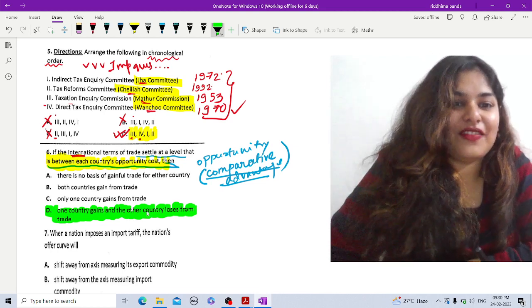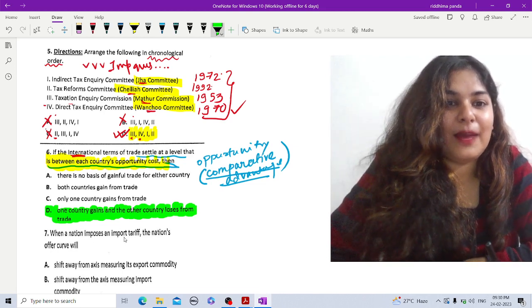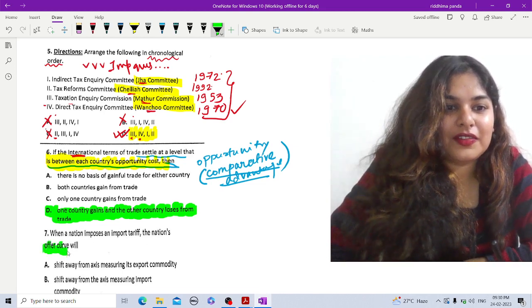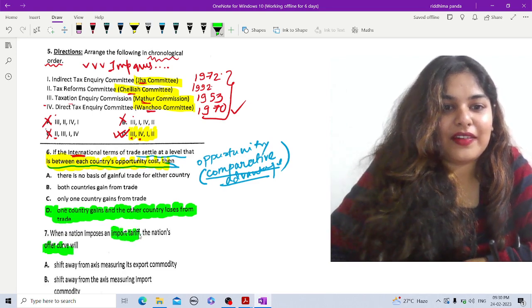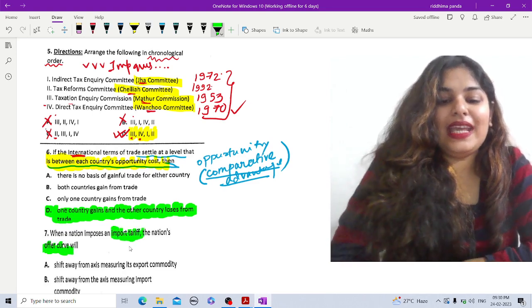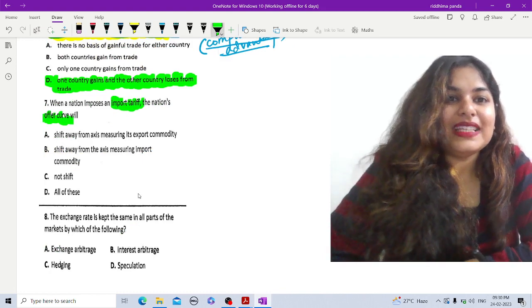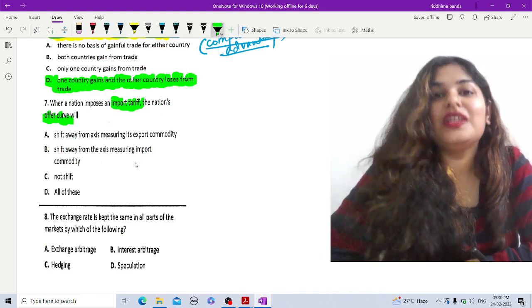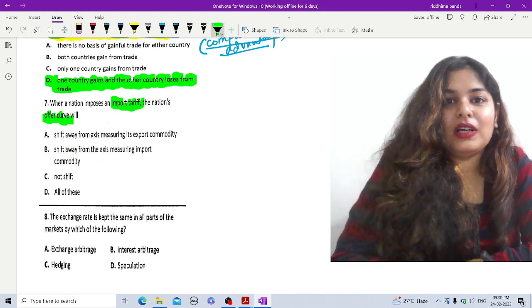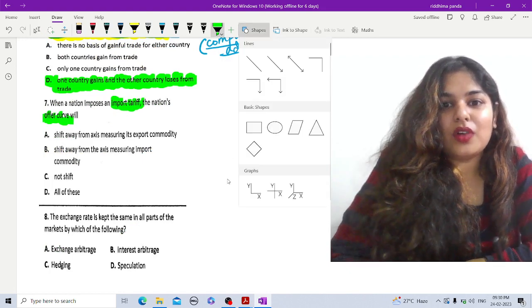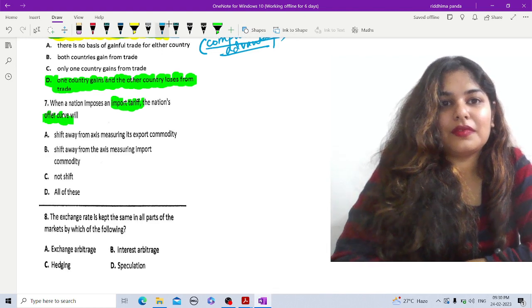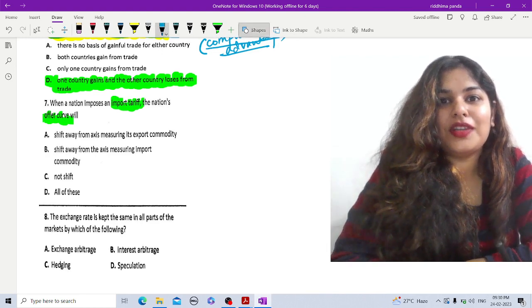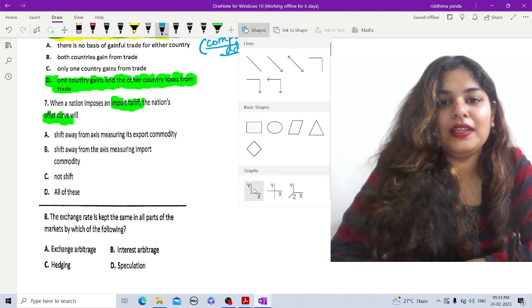Let's move on to the seventh question here, that is again about offer curve and import tariff. So the question is, when a nation imposes an import tariff, the nation's offer curve will. So if we talk about offer curve, what is offer curve? Offer curve is basically the points of export and import of a nation, right?